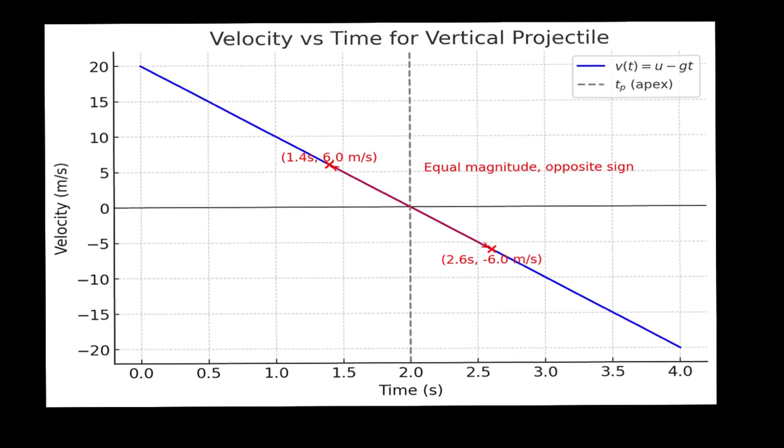If we were to understand the graph here, we have velocity on the y-axis and time on the x-axis, with velocity plotted from negative 20 to positive 20. Okay, wait a second.